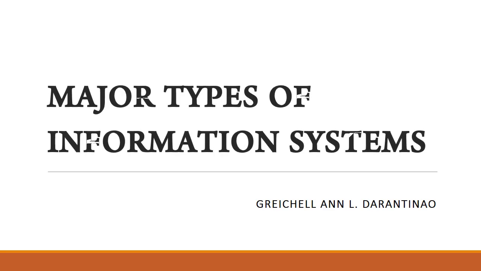Major types of information systems. The applications of information systems that are implemented in today's business world can be classified in several different ways.